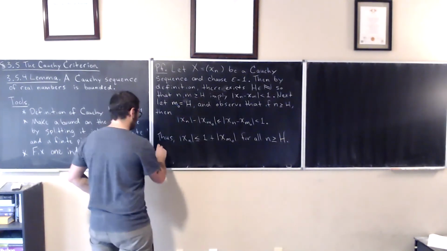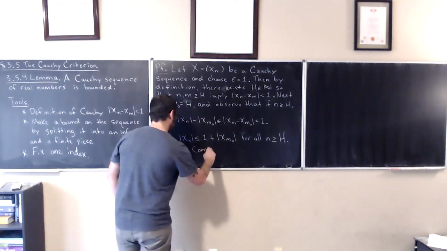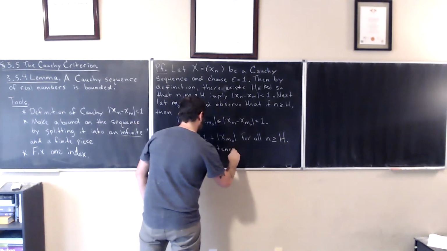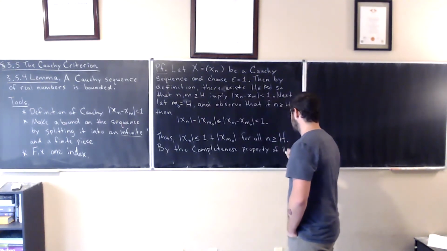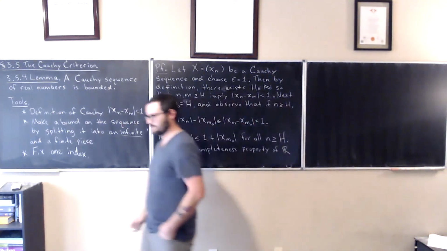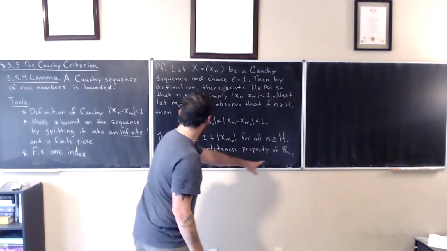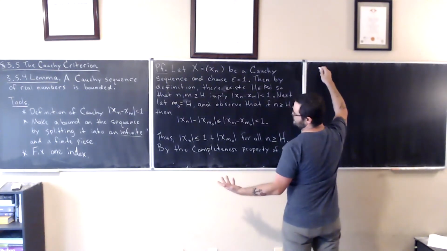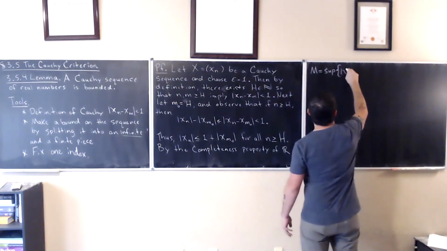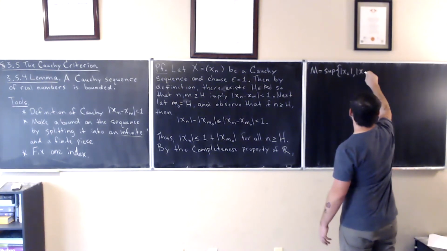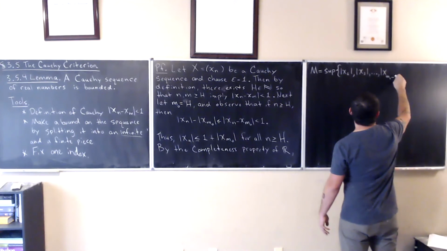So by the completeness property of R, every bounded set of real numbers has a supremum and it exists in R. So by the completeness property of R, we can say that the following number exists in R. I'll call it M equals the sup of absolute value of x sub 1, absolute value of x sub 2, dot dot dot, absolute value of x of m naught minus 1.